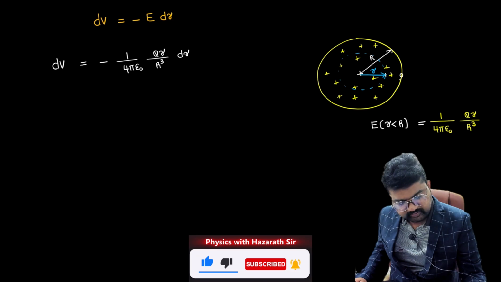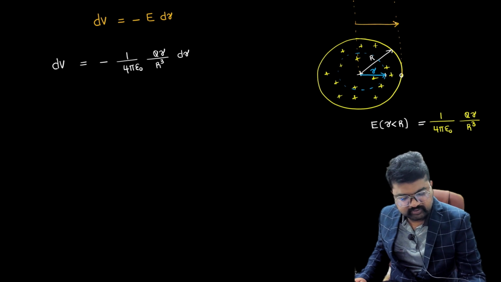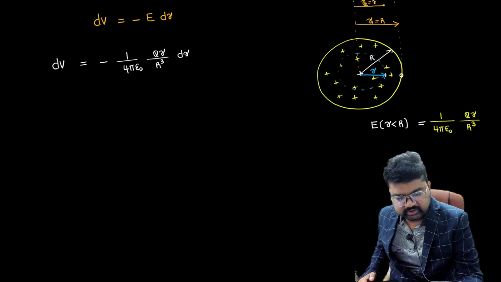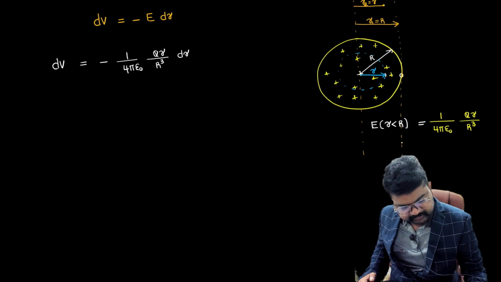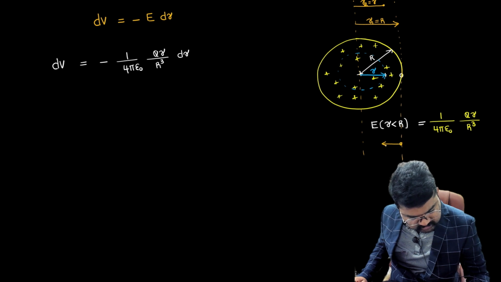Here I want to move from R1 = R to R2 = R. So I want to move from here to here.